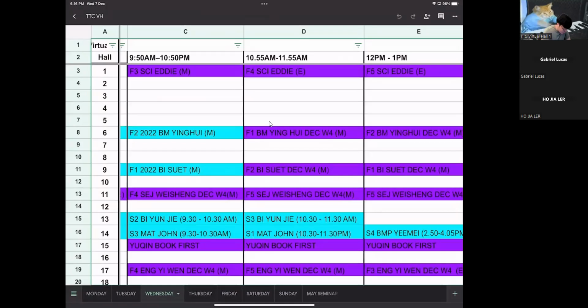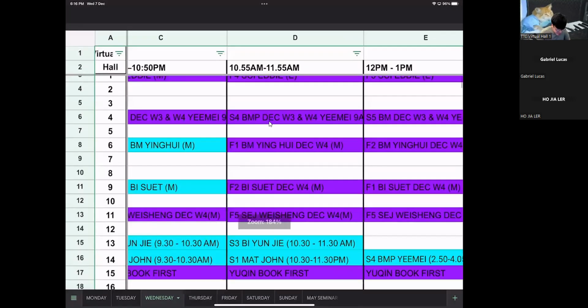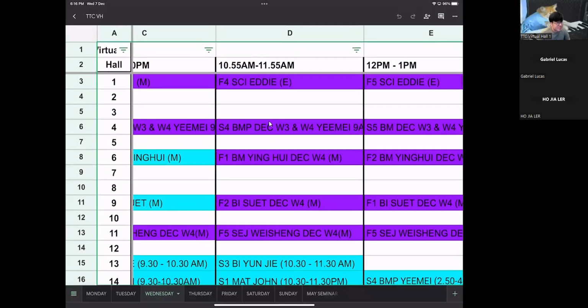This is a bit weird, guys. For Form 4 English, it's going to be on Wednesday, same day, 11:55 a.m. Can you see Form 4 Science Eddie E? That's me.